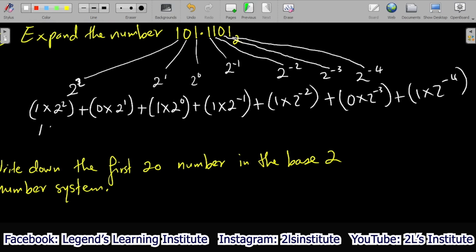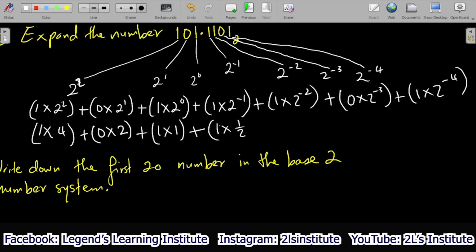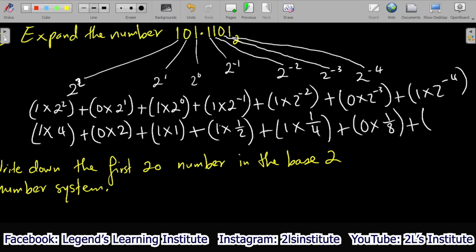So that would be 1 times 4, right, because 2 squared is 4, plus 0 times 2, okay, plus 1 times 1 plus 1 times a half, because 2 to the power of negative 1 is a half, plus 1 times a quarter, right, because 2 to the power of negative 2 is a quarter, plus 0 times 1/8, right, plus 1 times 1/16.